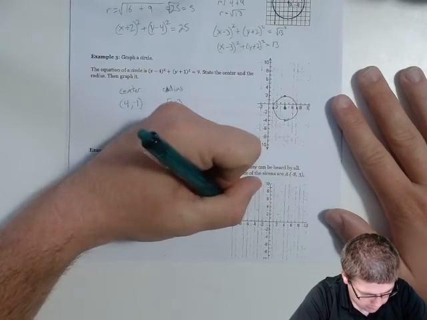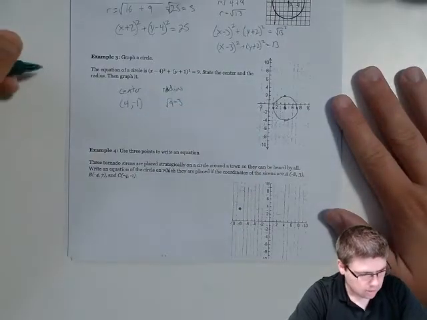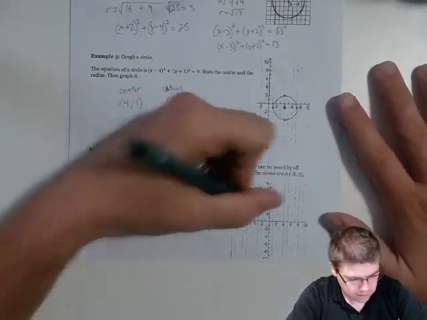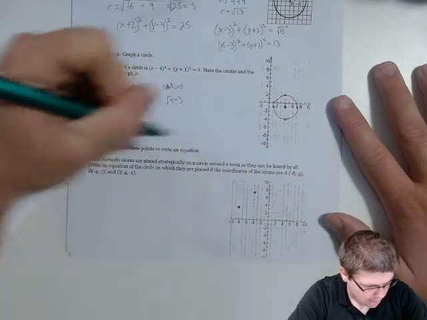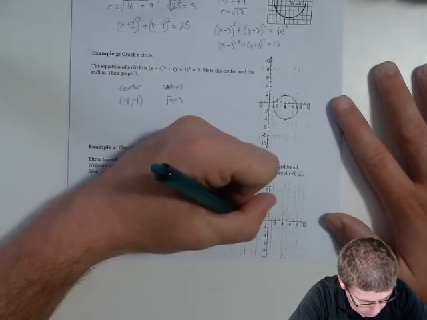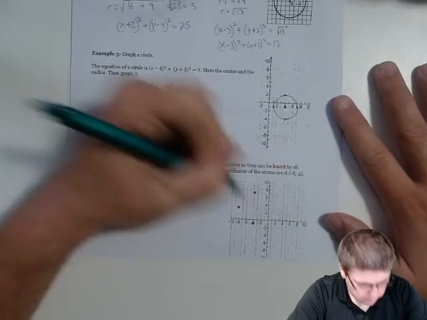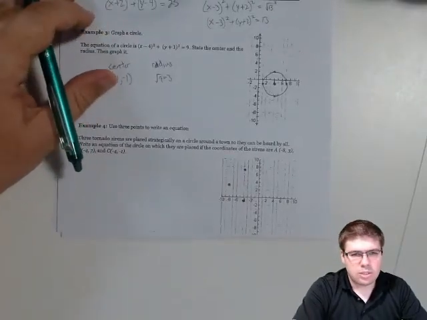I'll go ahead and plot that on here to help give us an idea. So 1, 2, 3 up there. So that's 1 point. -4, 7. So -4 and up 7. And then finally, -4, -1. So those are the 3 points that I want to use to make a circle.